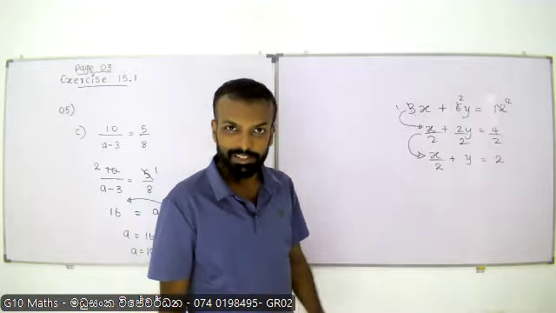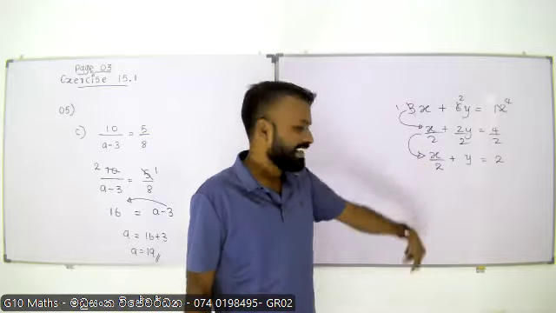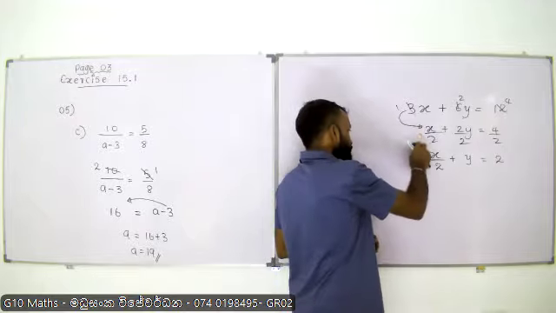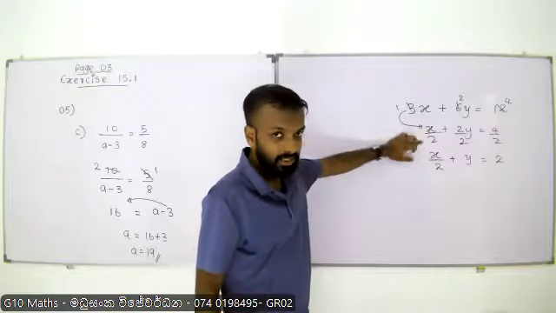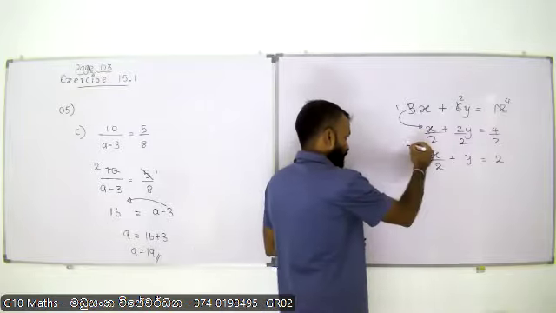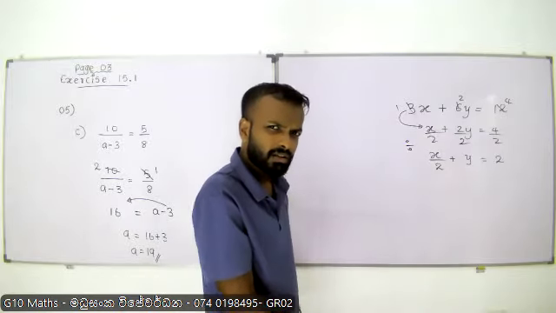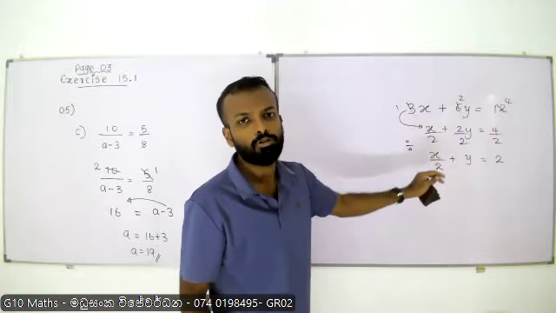You all like fractions, right? So that is the division, as I told you last week. If you want to remove this fractional part, you can multiply all the three terms by 2.